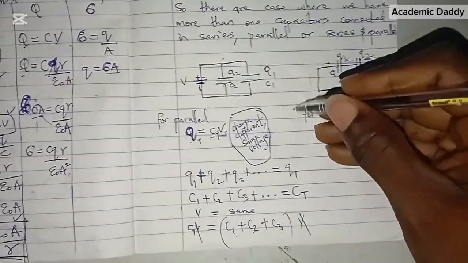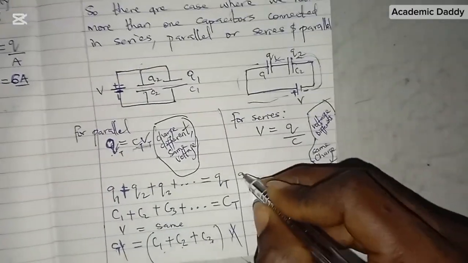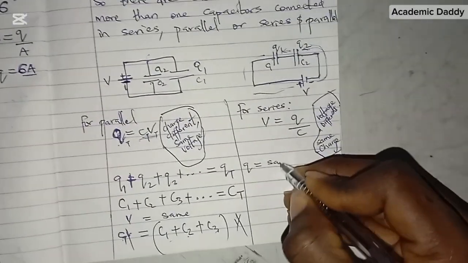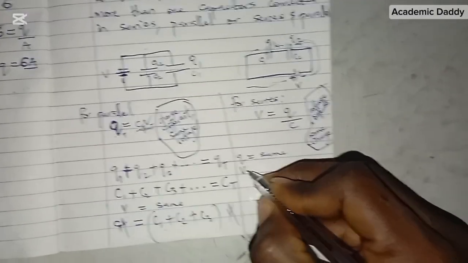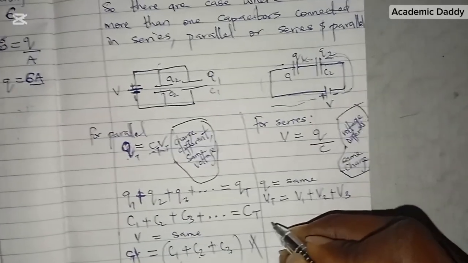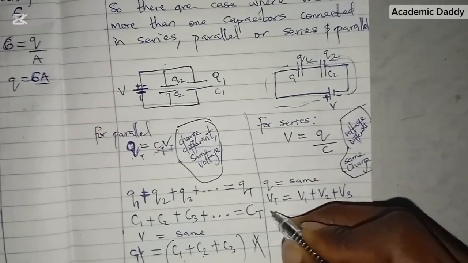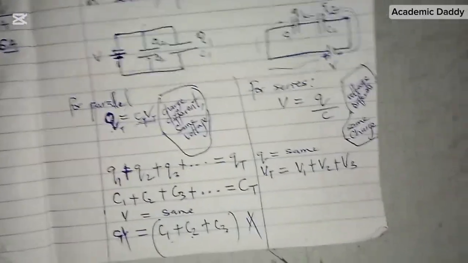On this side, Q is the same. But total V will simply be equal to V1 plus V2 plus V3. Are you seeing it? And to get total C, let's use the formula.